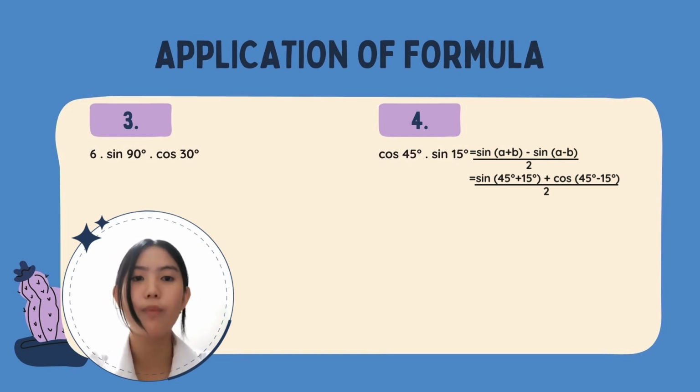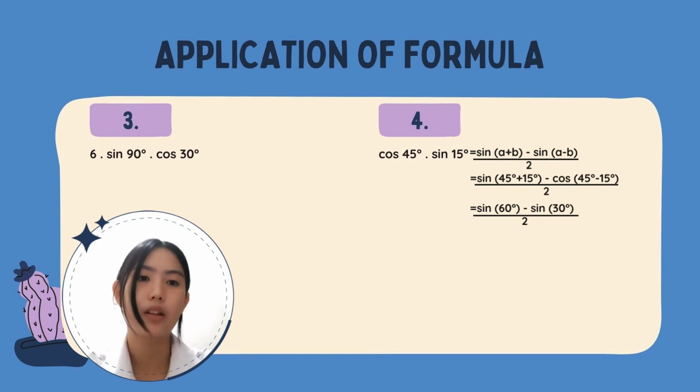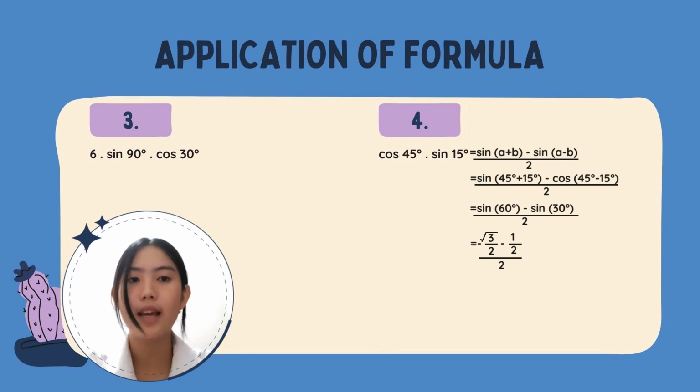Add and subtract them, then we're left with sin 60 degree minus sin 30 degree. Insert the value. So we're going to write down root 3 over 2 minus 1 over 2, and don't forget the over 2 on the very bottom. And then, like I said, if it's a subtraction or addition, the denominator belongs to both of them. So the two 2s in the middle line, we can merge together.